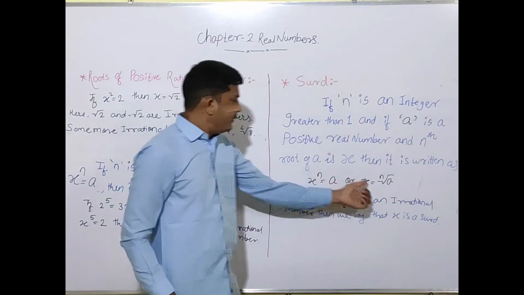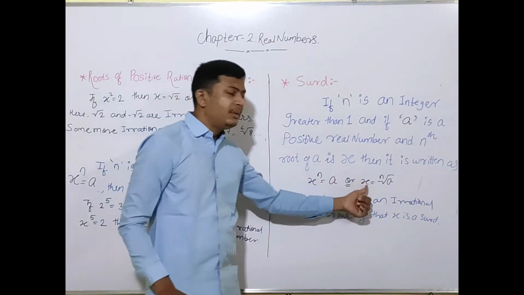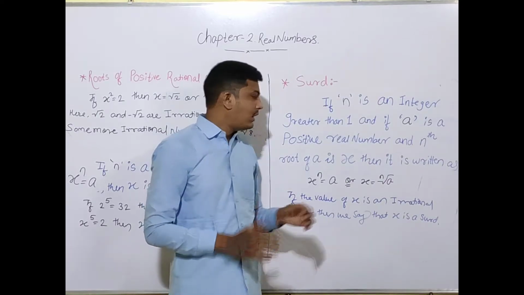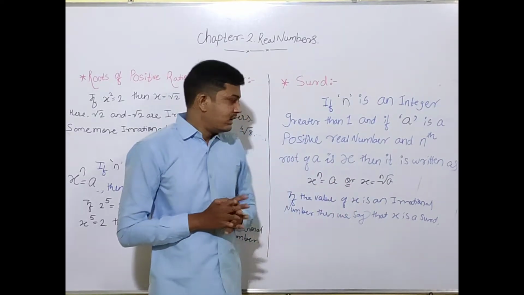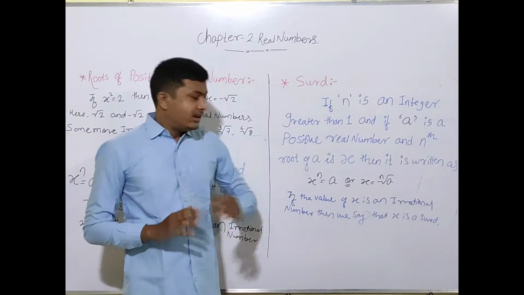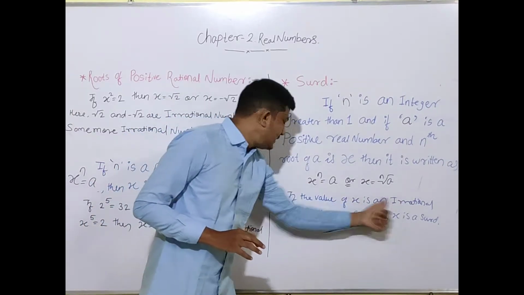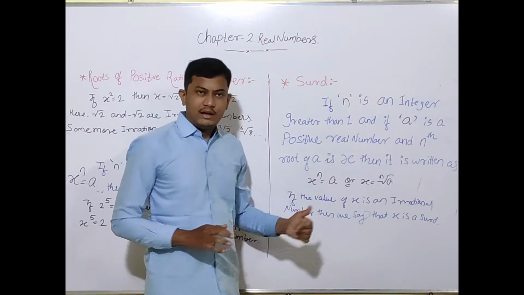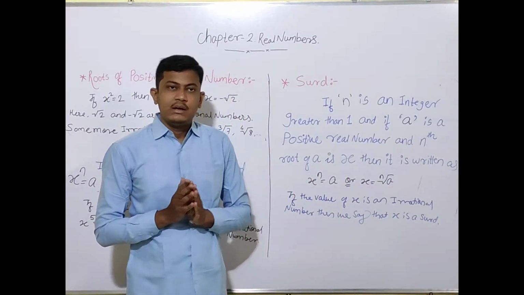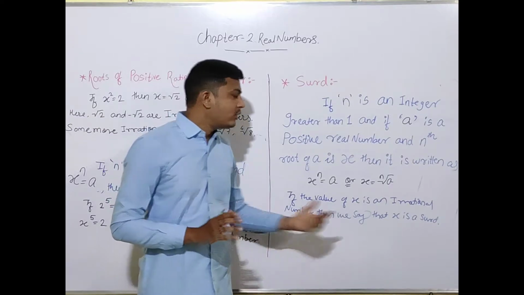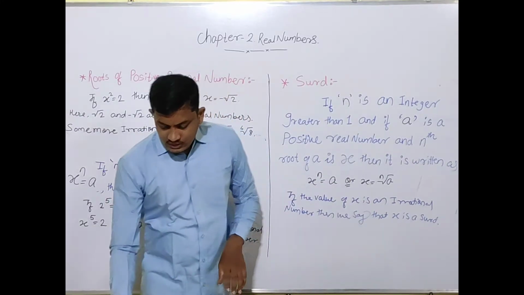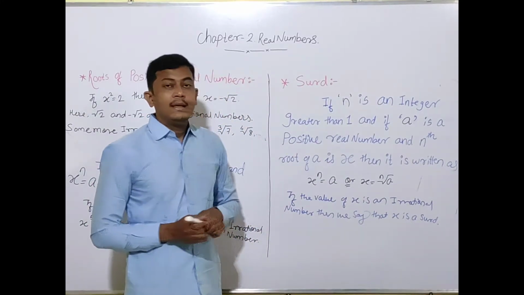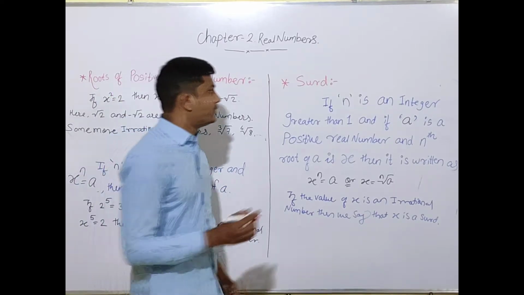Here we have seen that the value of x may be either a rational number or an irrational number. But the condition is, if the value of x is an irrational number, we say that it is a surd. If it is not an irrational number, that is, it may be a rational number, then it is not a surd. So we get the definition of surd as: a surd is an irrational root.